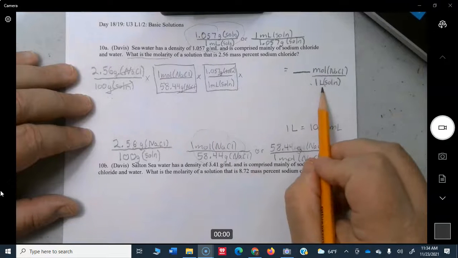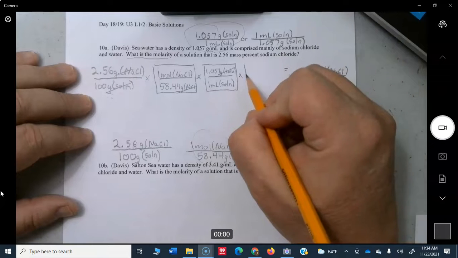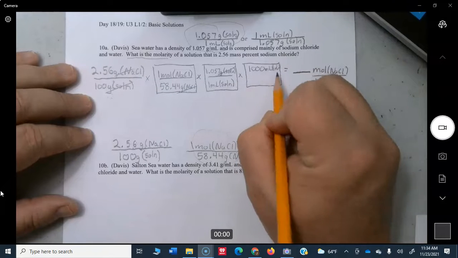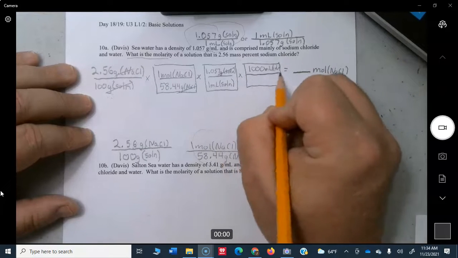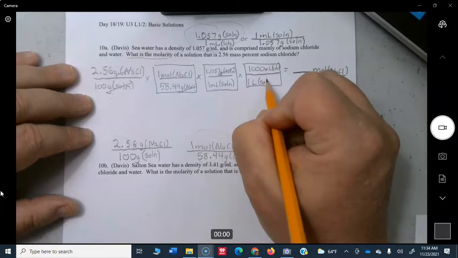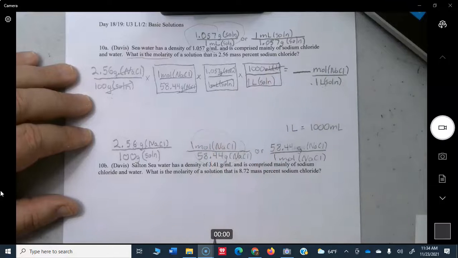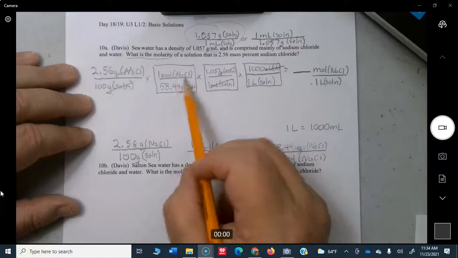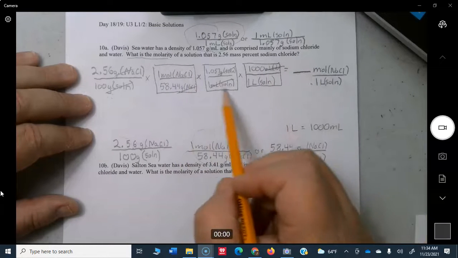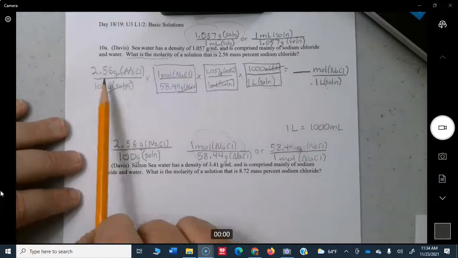We need liters to appear on the bottom and milliliters to cancel out, so we put the milliliters of solution on the top and 1 liter of solution on the bottom. So milliliters of solution cancel. So we have moles of NaCl on the top, liters of solution on the bottom. Everything is set up properly.